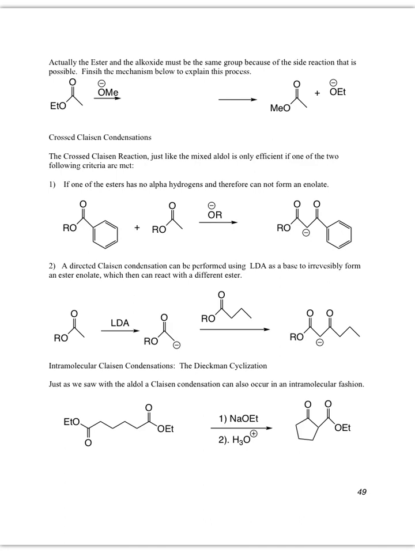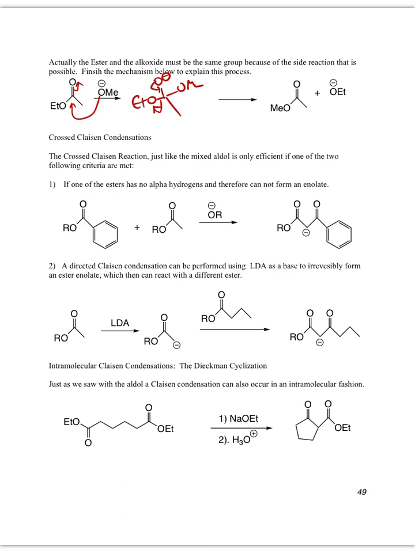So if we didn't use the same one, here we have methoxide to show what can happen. We can make the tetrahedral intermediate with the OMe and the OEt, and then we can reform, kicking out the OEt to get to the methyl ester. So unless we use the exact same alcohol as the ester, we run the risk of causing a lot of problems.